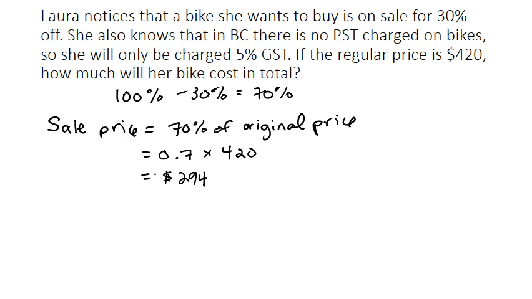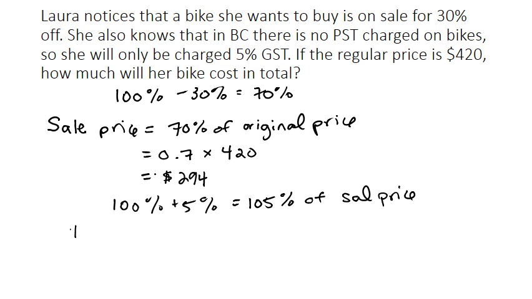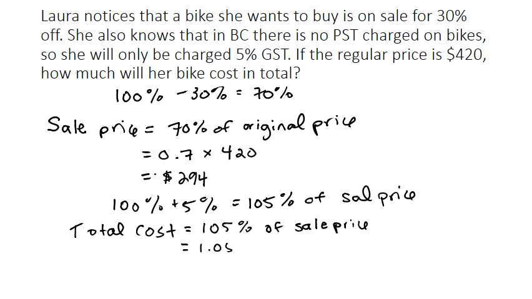Then I have to look at the tax rate. Tax rate of 5% means that the total cost will be 100% plus 5%, or 105% of the sale price. So our total cost is equal to 105% of the sale price, or 1.05 times 294.